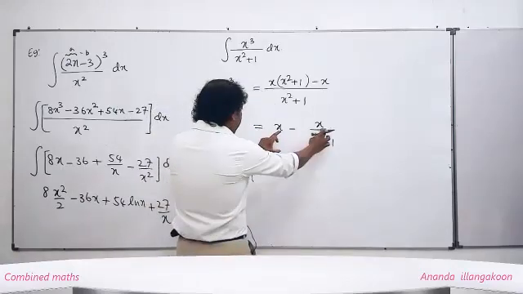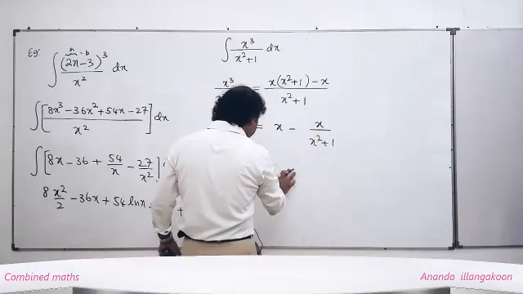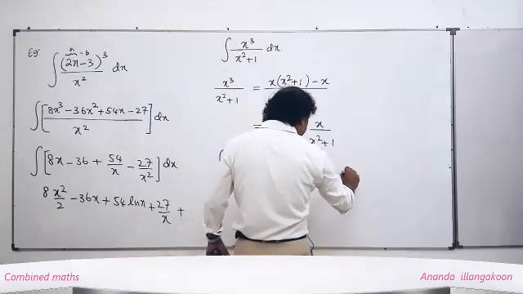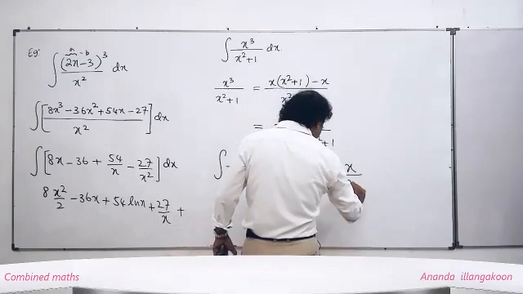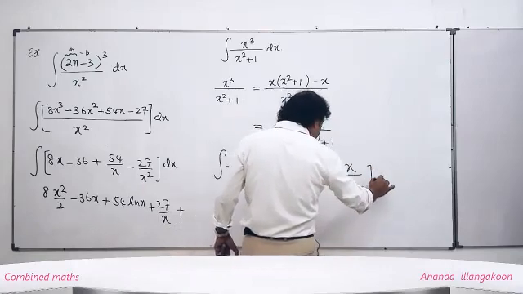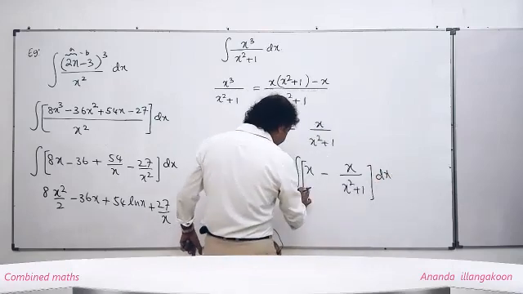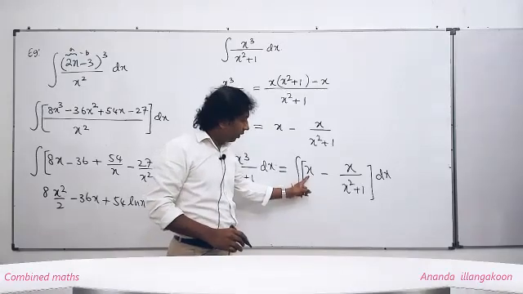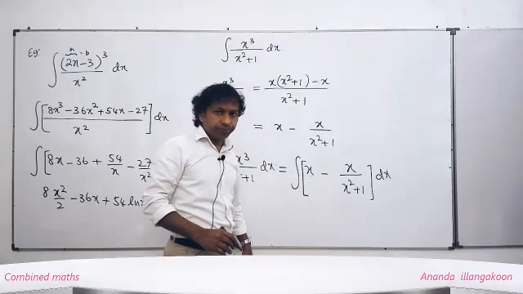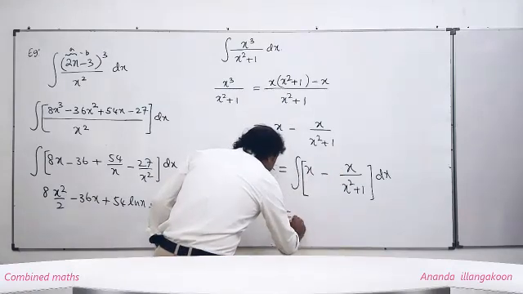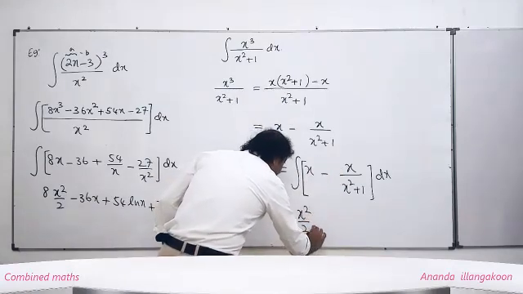Okay, right. Then I can try this one. For this one, now we write this: integration of x minus x upon x squared plus 1 dx. Now I am going to integrate this separately and this separately. Then it is x power 1 more here, then it is x squared by 2 minus.